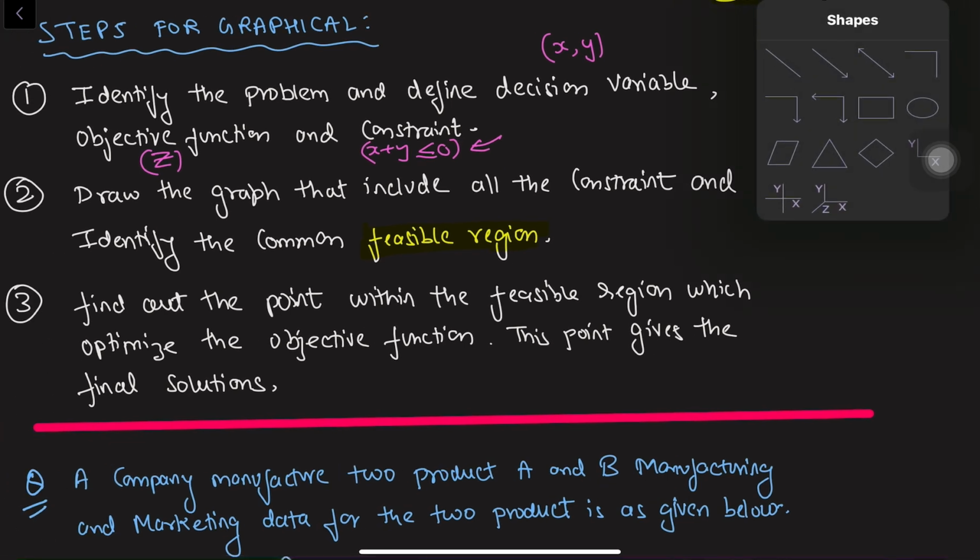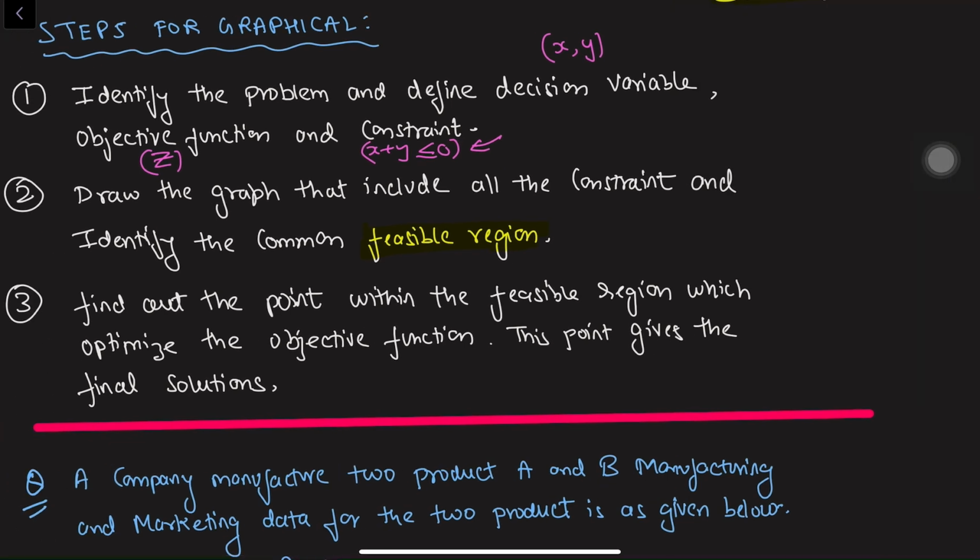So first you need to identify your decision variables, what is x and what is y, what I need to optimize. Then you need to identify the objective function. Then you need to find the constraints. Once you have all the constraints, you need to plot a graph.